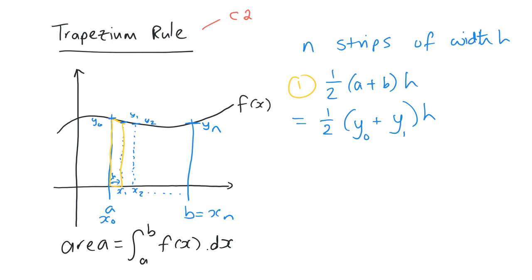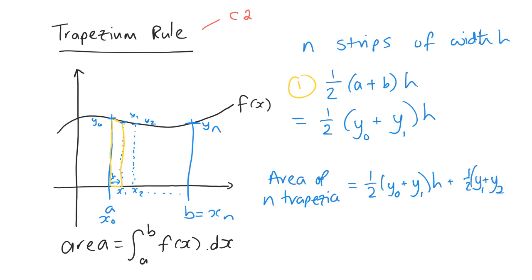So if we add up the area of n trapezia, that's just the plural of trapezium, the first one will be a half times y0 plus y1 times h, the second one a half times y1 plus y2 times h, etc, etc, etc, right up until the last one, which will be a half times yn minus 1 plus yn times h.